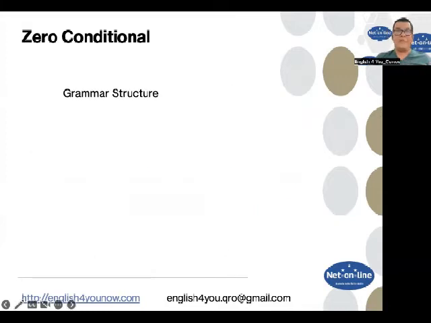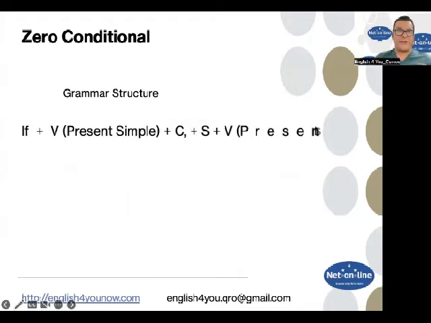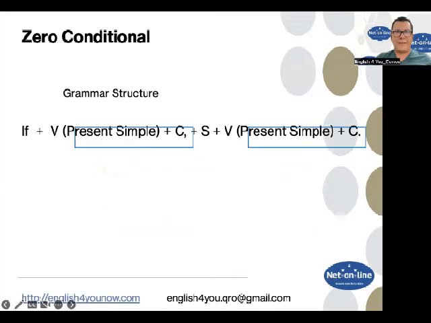Now, what's going to be the grammar structure? The grammar structure for the zero conditional is if plus a verb in present simple plus your complement. That's for the condition statement. And for the result, we have the subject, again a verb, the verb in present simple, and a complement.